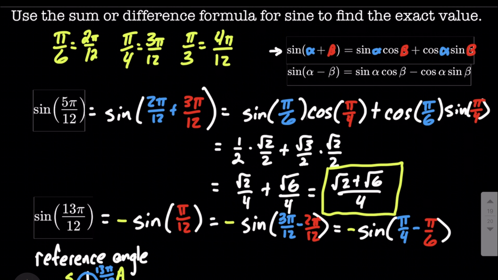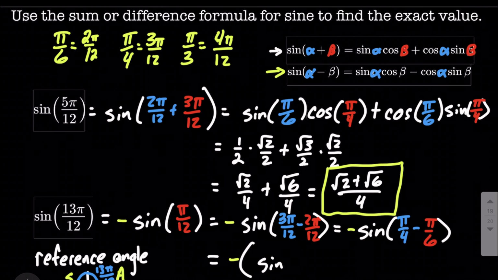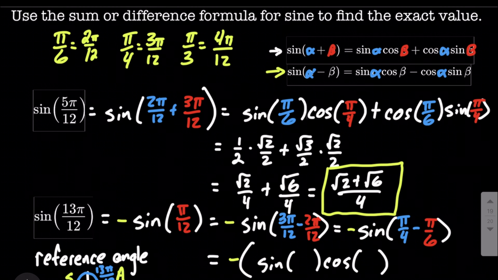This time we're going to use the bottom formula, because we have a subtraction going on, a difference. And wherever we see an alpha, we're going to replace it with pi over 4. So let me write out our formula and we'll start plugging in. This is going to be equal to the negative of, big set of parentheses, sine of alpha times cosine of beta, minus cosine of alpha, sine of beta.